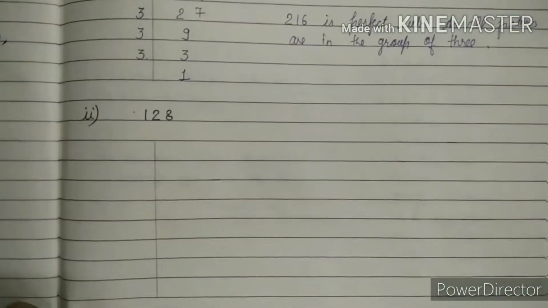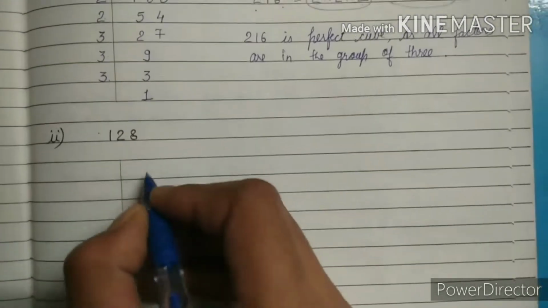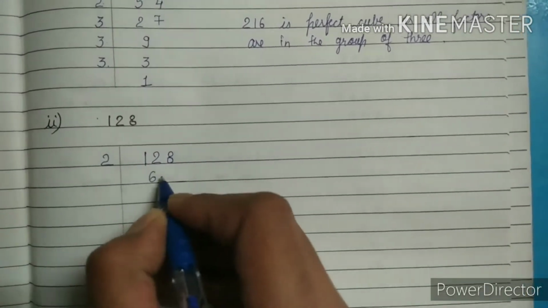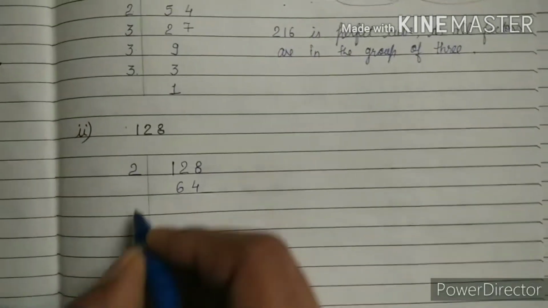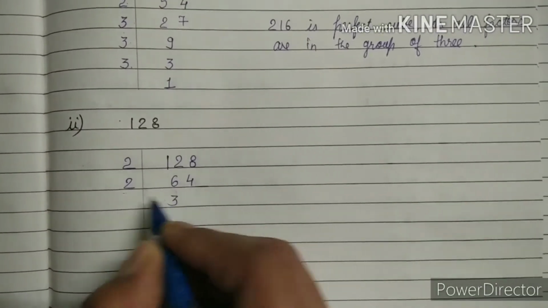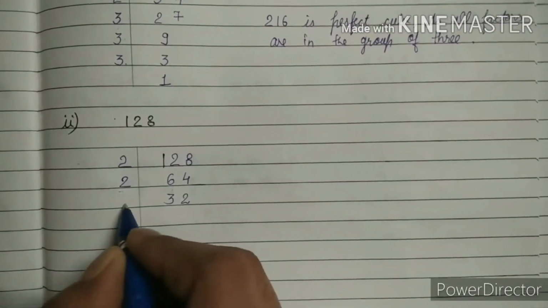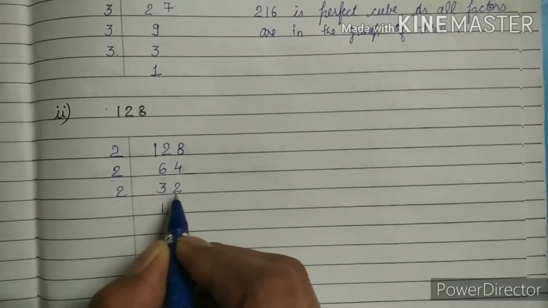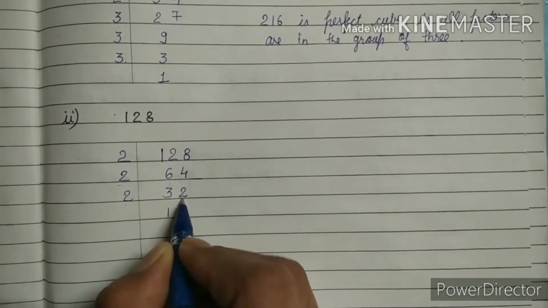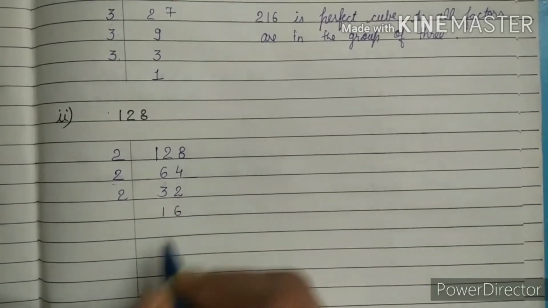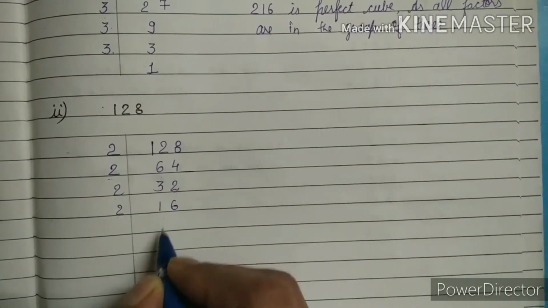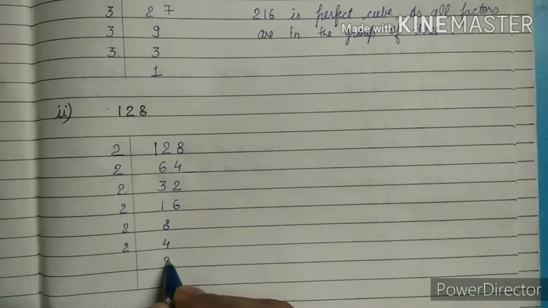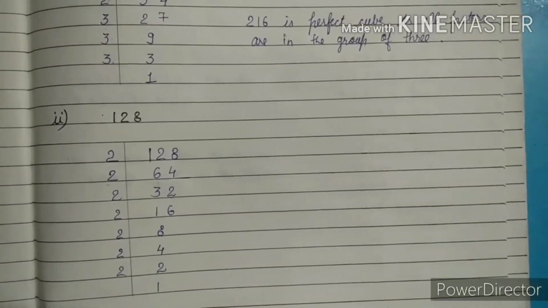Now the second question, 128. Same as before, we divide by the table of 2. 2 6s are 12, 2 4s are 8, 2 3s are 6, 2 2s are 4, 2 1 is 2, and so on, until we get 2 8s are 16, 2 4s are 8, 2 2s are 4 and 2 1 is 2.